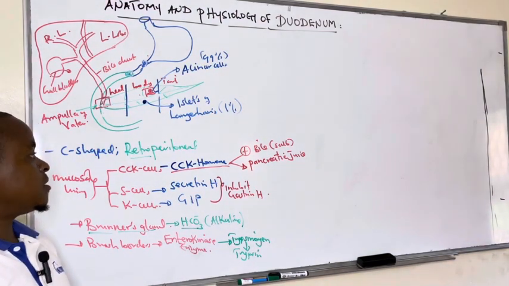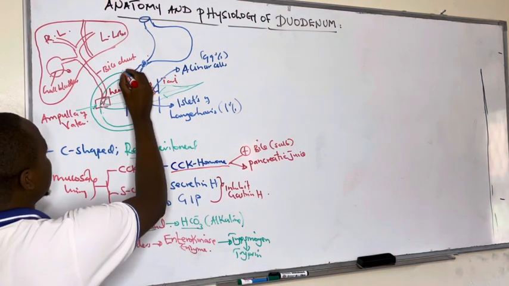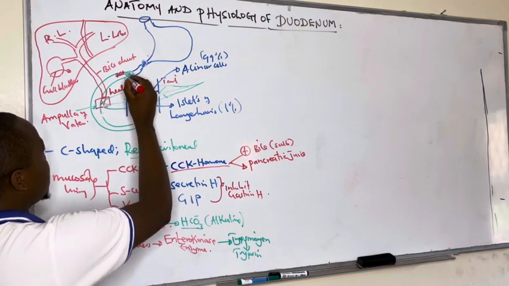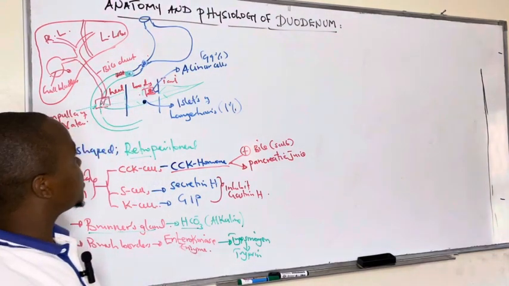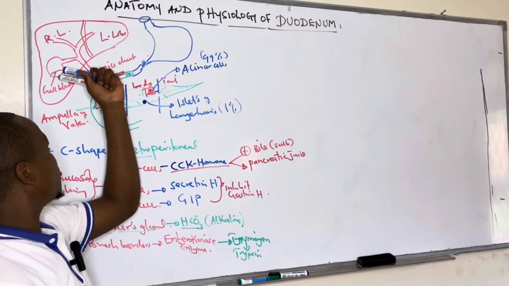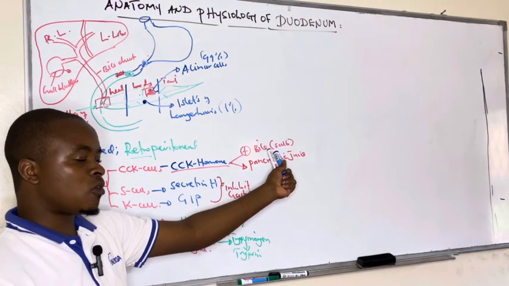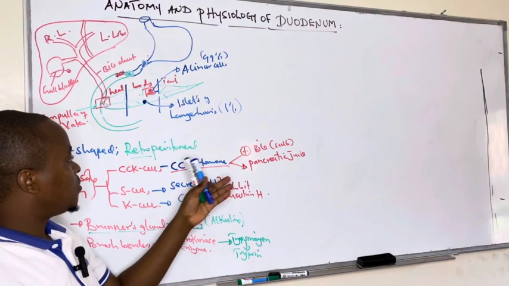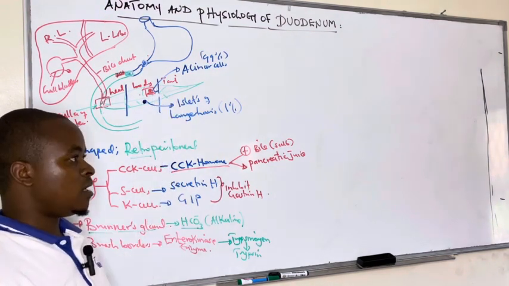When acidic food chyme reaches the CCK cells, it stimulates them to produce cholecystokinin hormone, which triggers production of bile from the gallbladder, containing bile salts, the sodium taurocholate. And then we also see production of the pancreatic juice from the acinar cells.